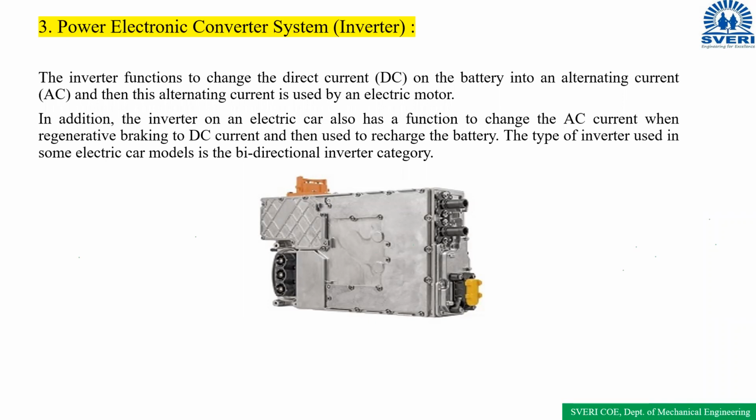So the power will be increased and decreased. Simply, the power should be controlled according to the position of the vehicle, and you should convert the AC to DC or DC to AC. It is clear.